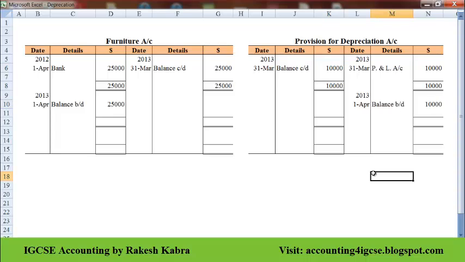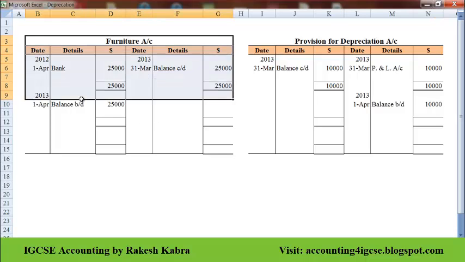Agree? Now we are in which year? First year or second year? Year 1 or year 2? In the second year, this is the opening balance, and this is also an opening balance.